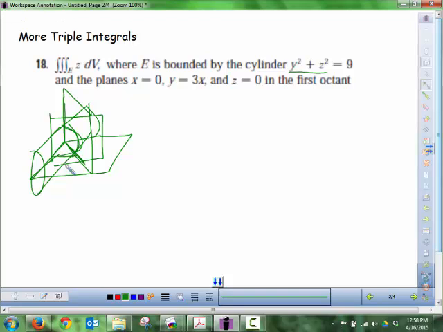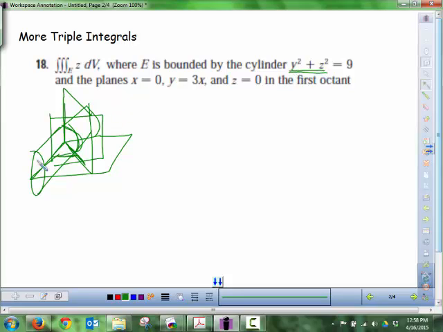So what I wanted to do is I wanted to show you that in a lot of cases we seem to be integrating with respect to z first, and this is probably one of those cases where we don't want to integrate with respect to z first. So let's see.